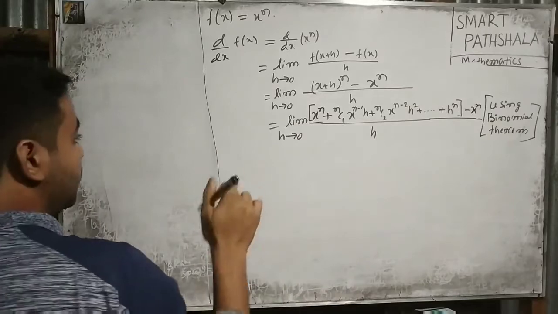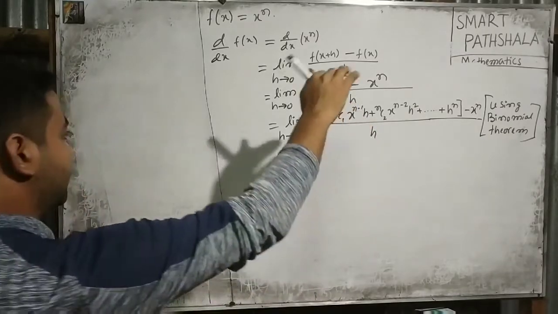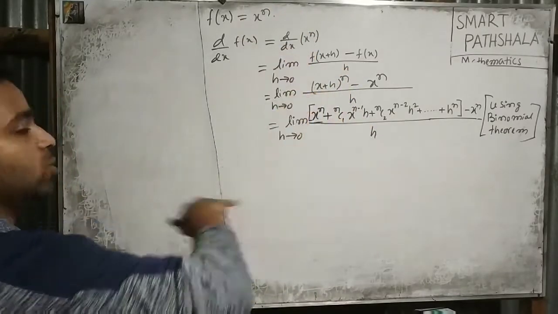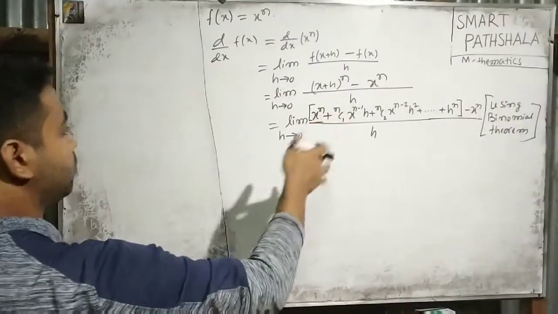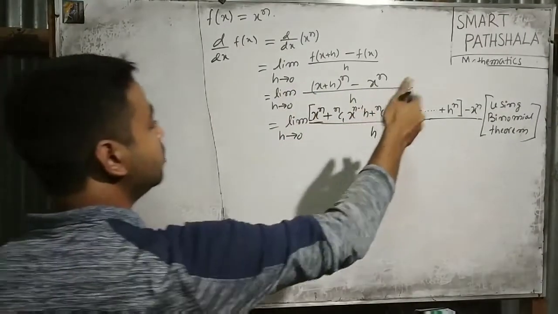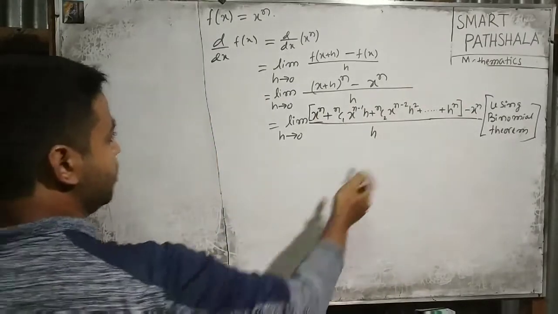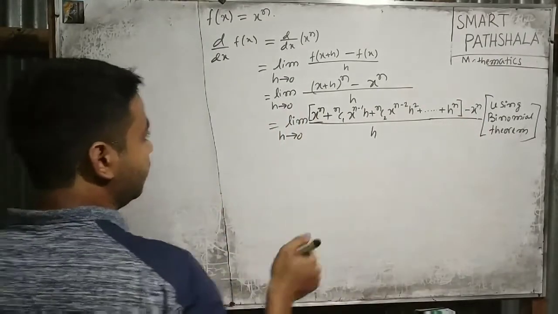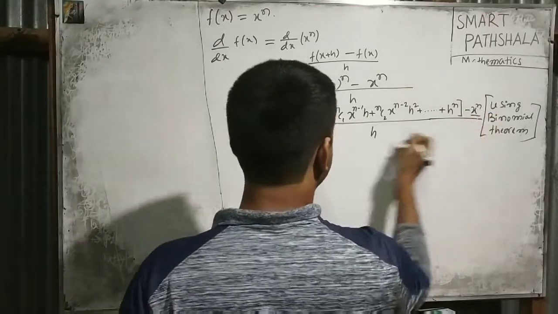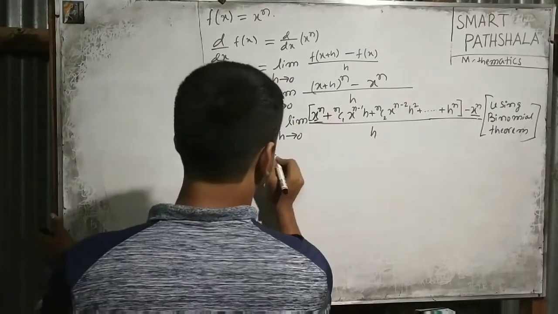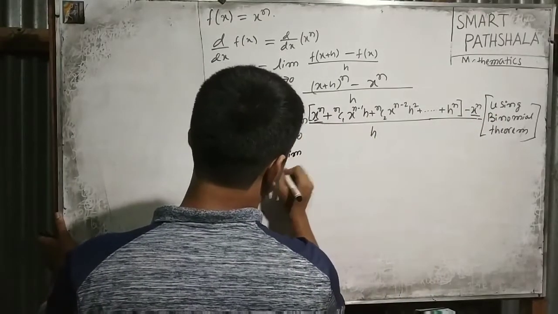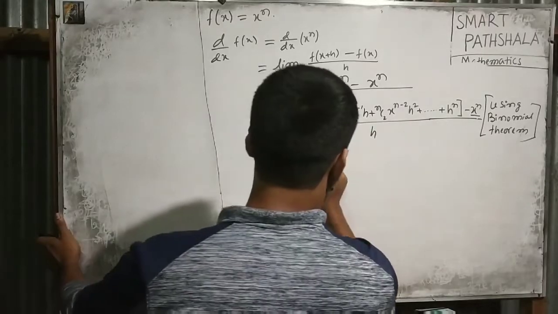Which means the power of x will gradually decrease and the power of h will gradually increase as you go to the further terms. So x to the power n is over here. Now you can see, you can eliminate this x to the power n and this x to the power n. After eliminating, what I have is this term.